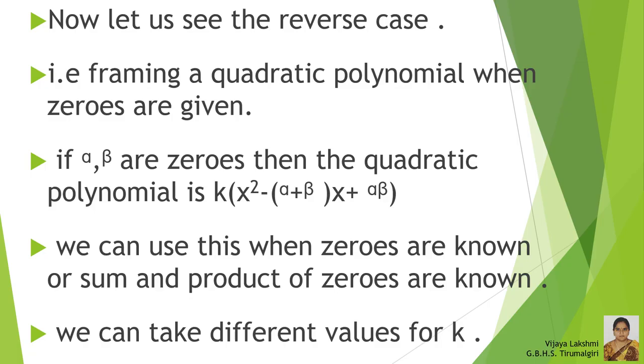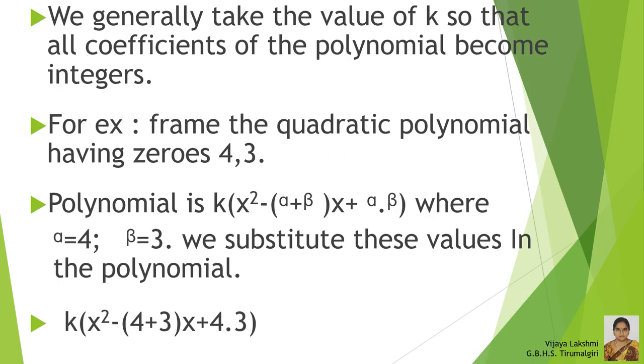Suppose we know the sum and product of zeros: instead of alpha plus beta we substitute the sum of zeros, and instead of alpha beta we substitute the product of zeros. Here we can take different values for k. But generally we take the value of k so that all the coefficients of the polynomial become integers. It's just for our convenience.